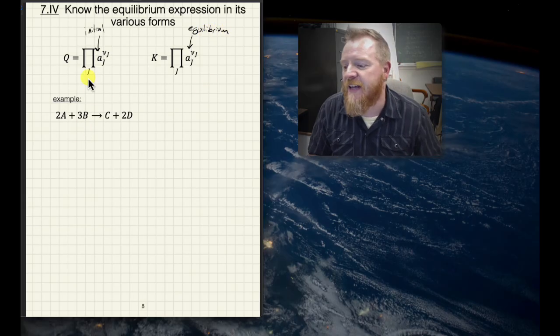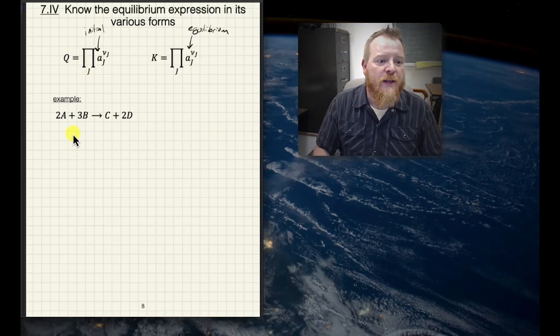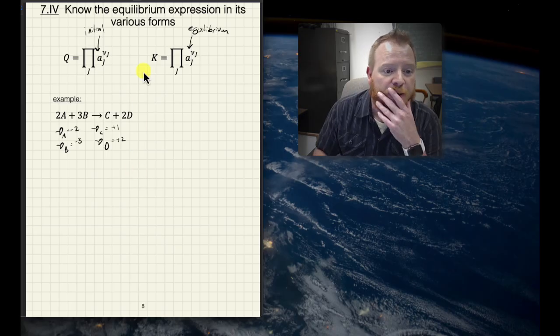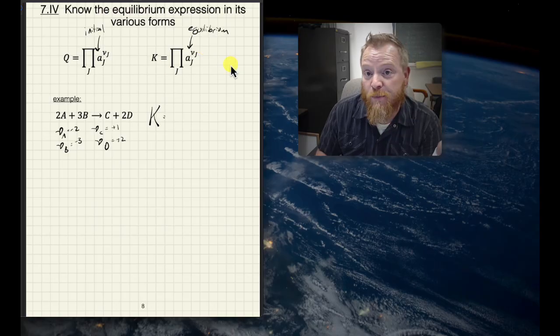So let's do an example to see how this all plays out. So we remember that nu of A is going to be -2, nu of B is going to be -3, nu of C is going to be +1, and nu of D is going to be +2. So now writing the equilibrium expression for this, I'm going to just list them all as products.